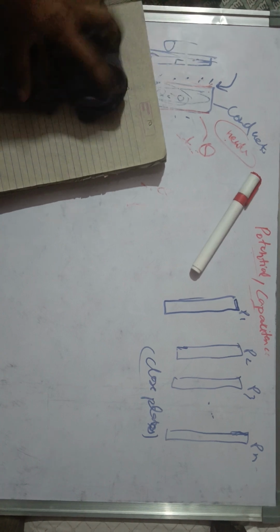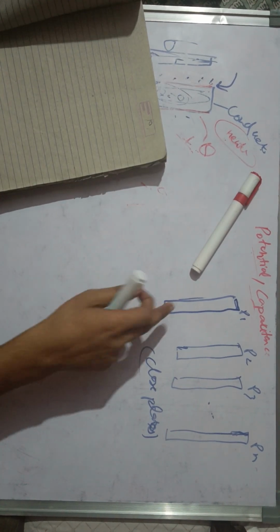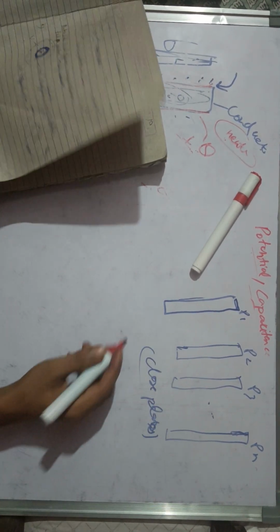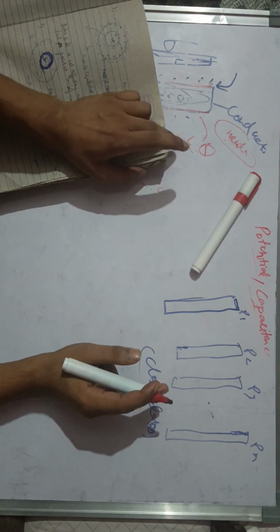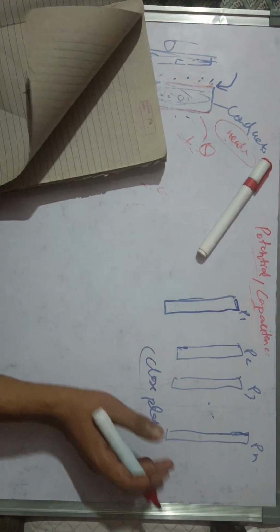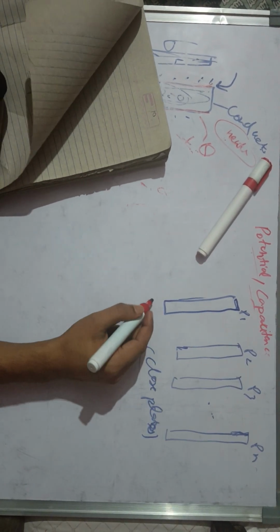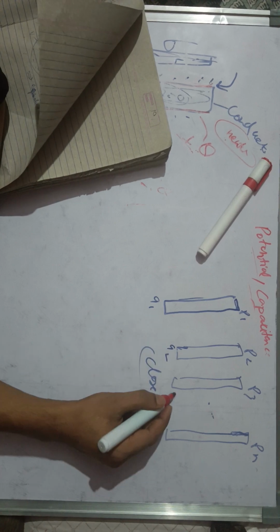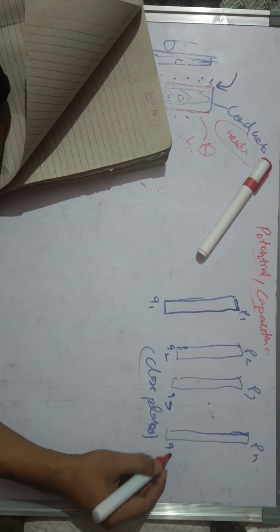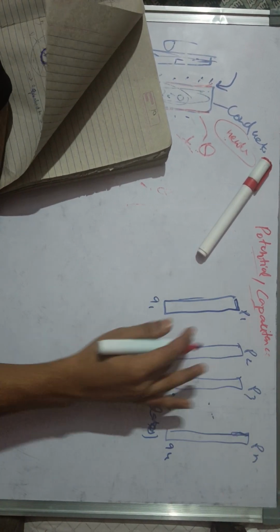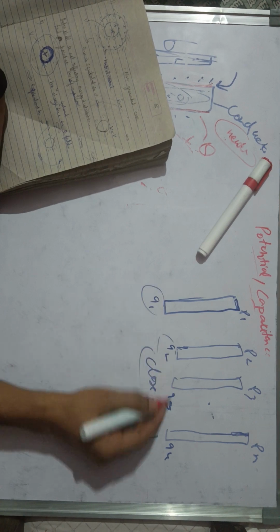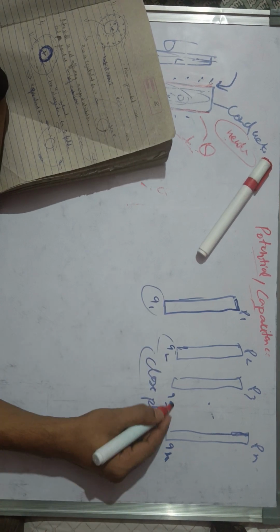So let's say there are n plates here, and initially at the starting they have some charges, let's say q1, q2, q3, qn on their body.